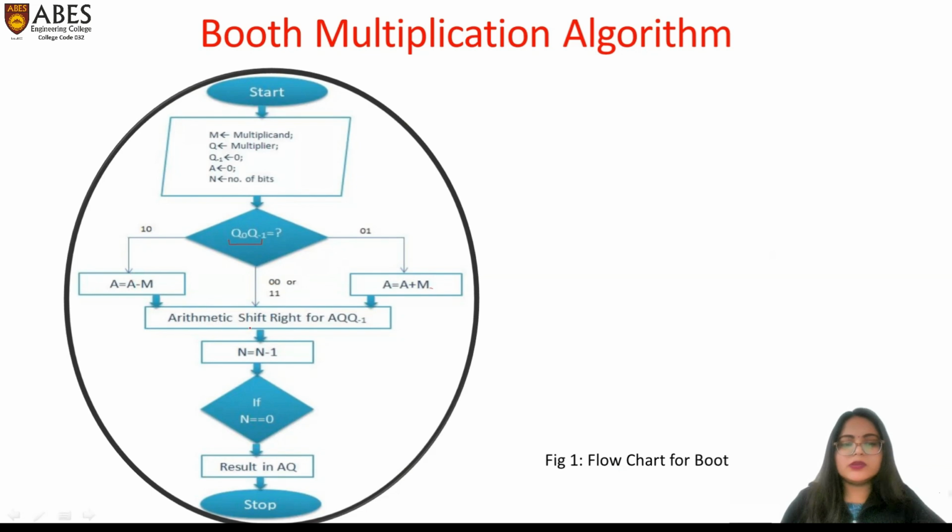After both operations, we need to go for an arithmetic shift right for the complete value of accumulator, Q and Q minus 1. If the value becomes 0, 0 or 1, 1, it will automatically be an arithmetic shift right only. The counter is decreased by 1, and if the counter becomes 0, you can find the result.